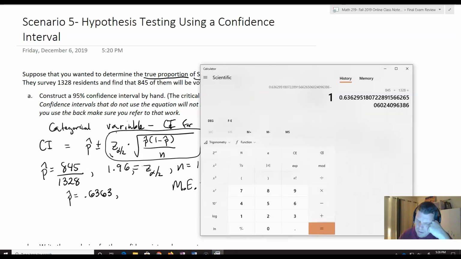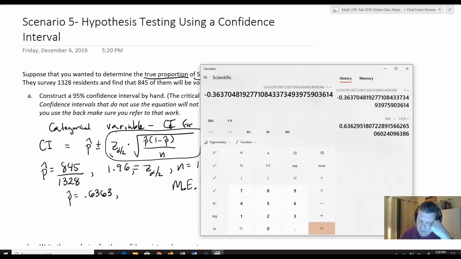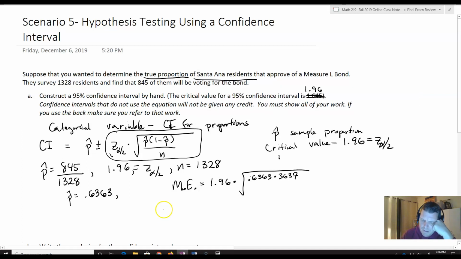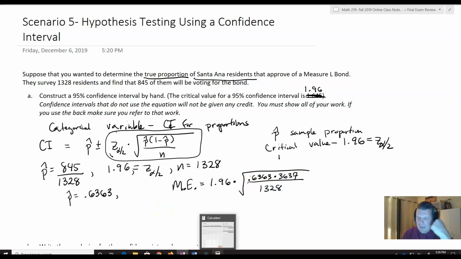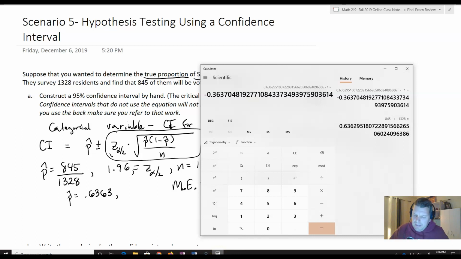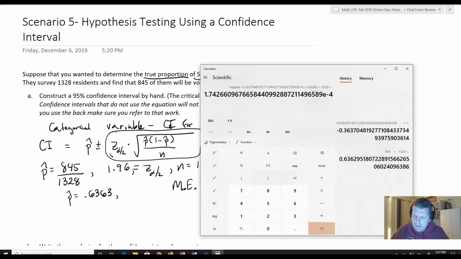Let's just make sure that's the case: 0.3637, great. Divided by 1,328. So let's do that in the calculator. We've got this one here. I'm now going to make it positive, times 0.6363. So that's p hat times 1 minus p hat divided by 1,328. Then I'm going to take the square root of that.